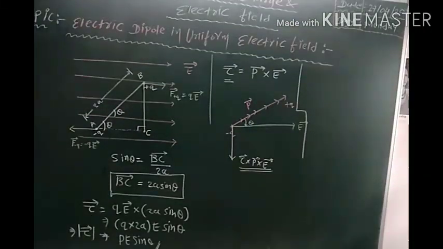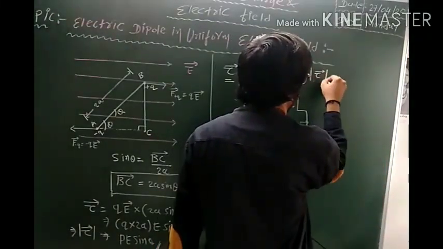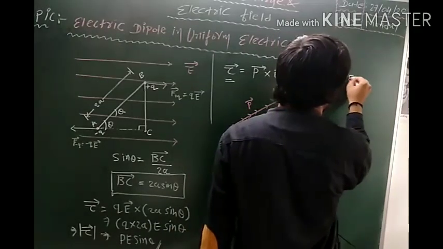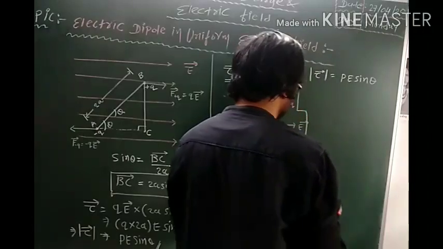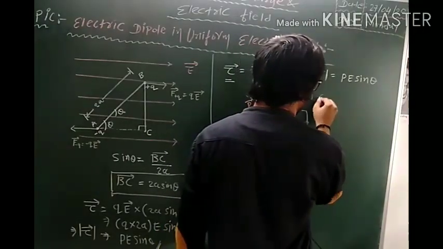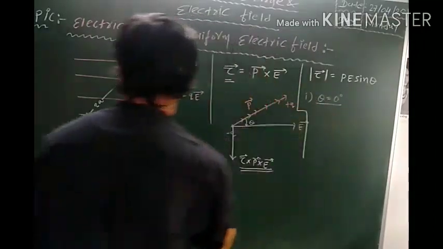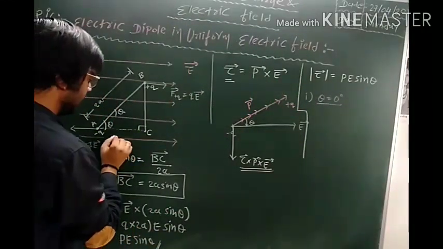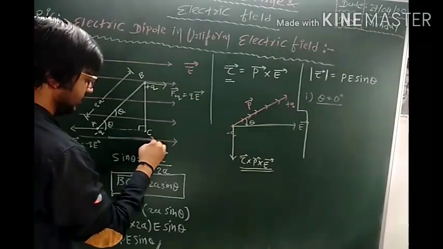Now another thing is that we can take two cases from this equation. We write again, the magnitude of the torque is equal to pE sin theta. In case 1, we take theta equal to 0 degree, meaning the electric dipole is parallel to the electric field.